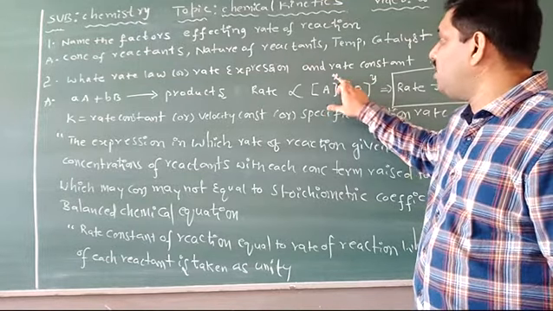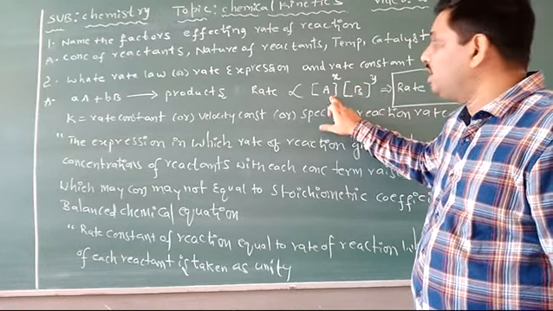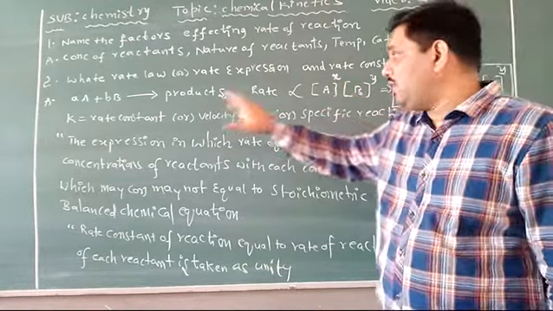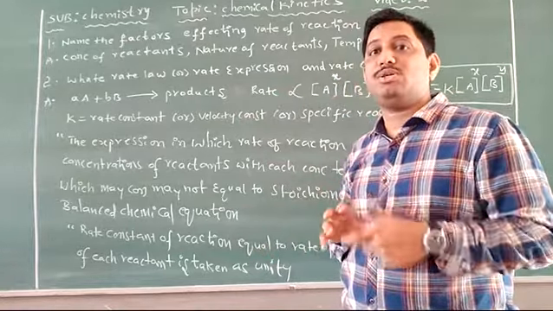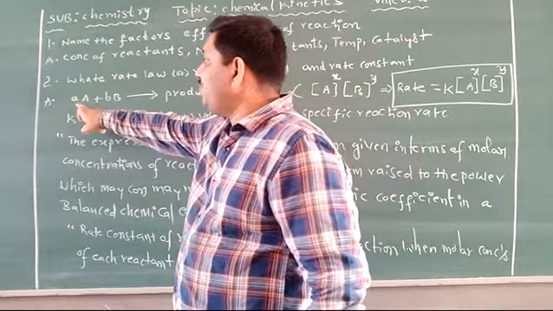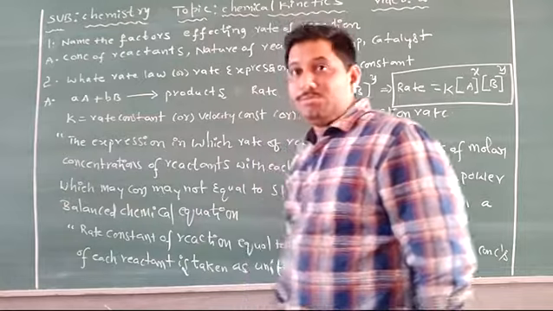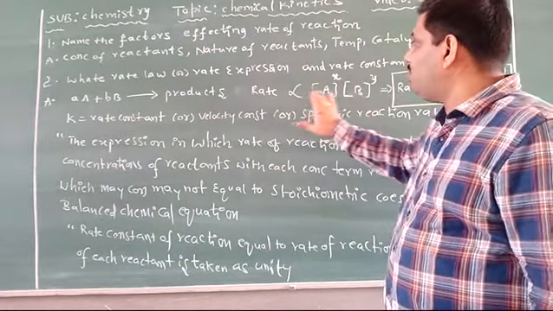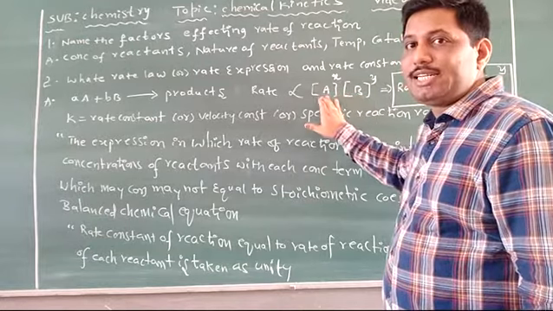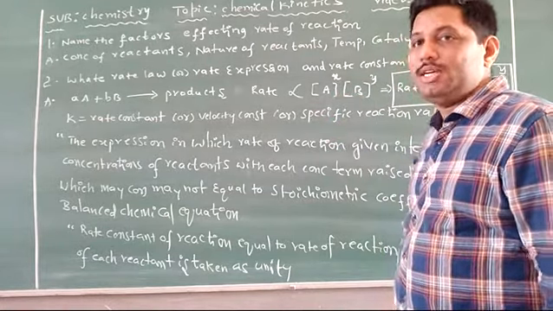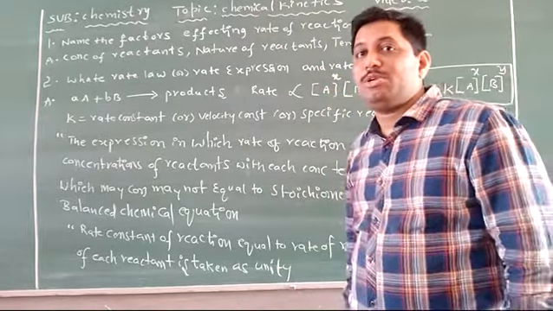Here x, y are the powers of the concentration of reactants A and B. Sometimes they may or may not equal the stoichiometric coefficients of reactants A and B. But the rate of the reaction is always directly proportional to the product of concentrations of reactants, their power raised to a number that may or may not be the stoichiometric coefficient.